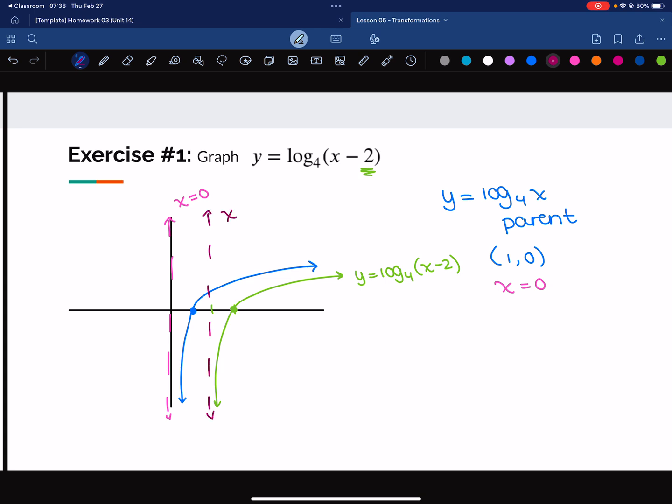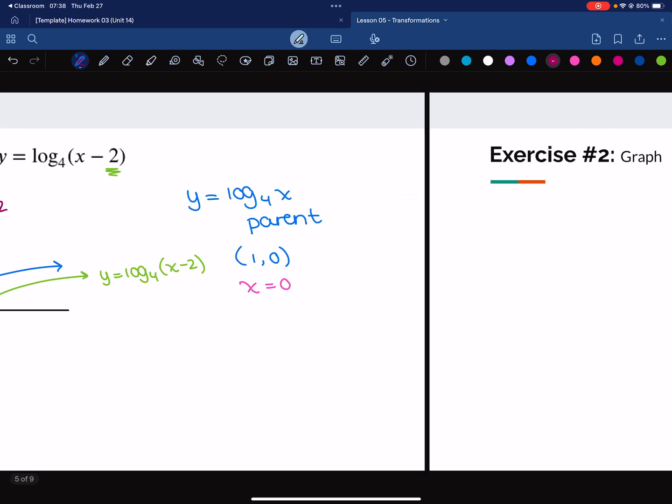My asymptote is going to be x equals 2. I move 2 units to the right as well. So opposite of our exponential, this is shifting right and left. Horizontal shifts get that asymptote to move. Remember, in the exponential, the vertical shift got that to happen.